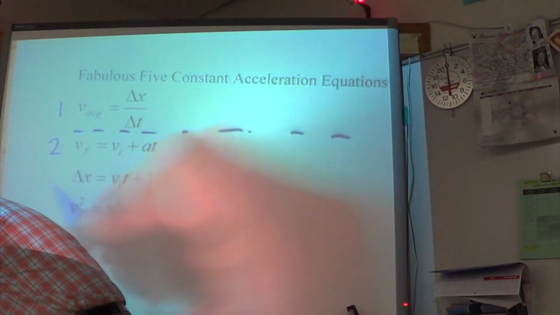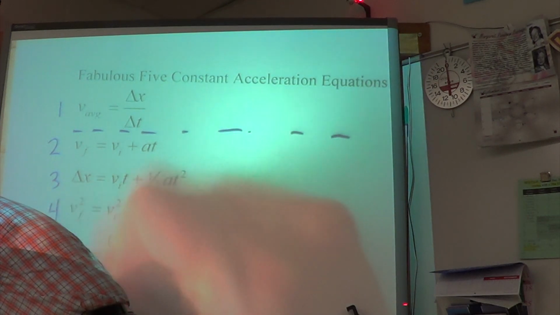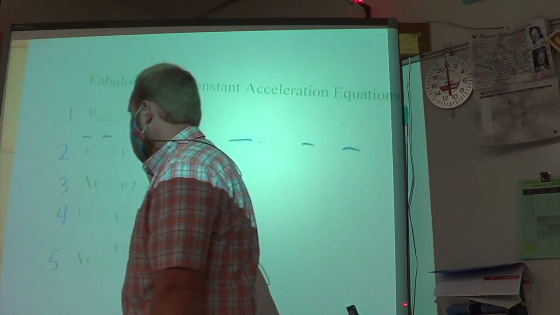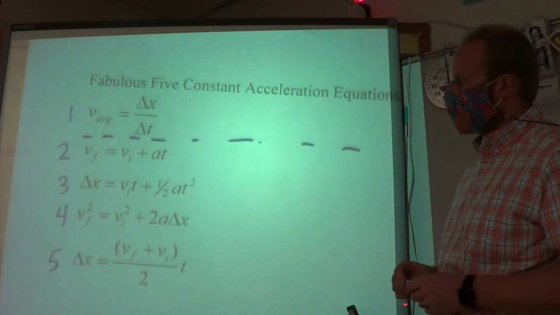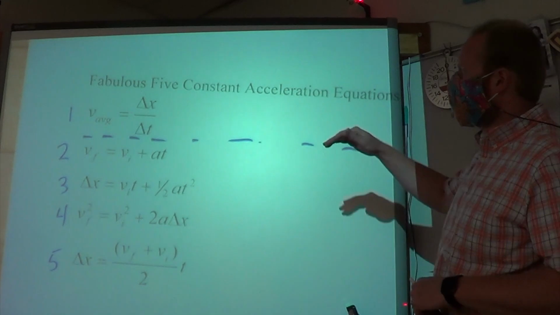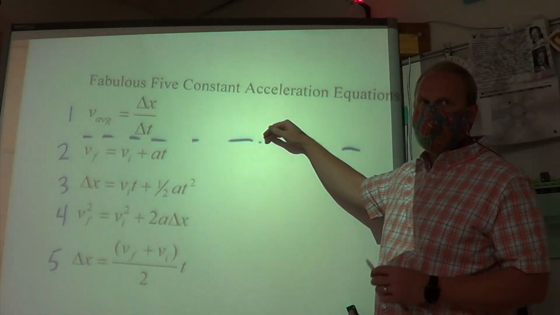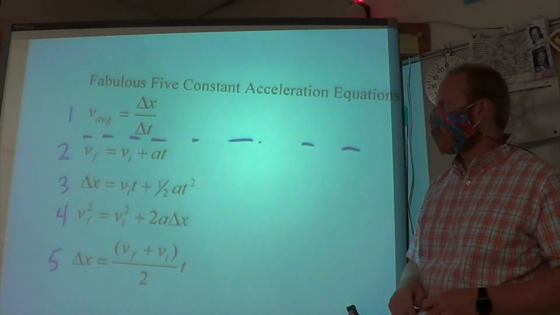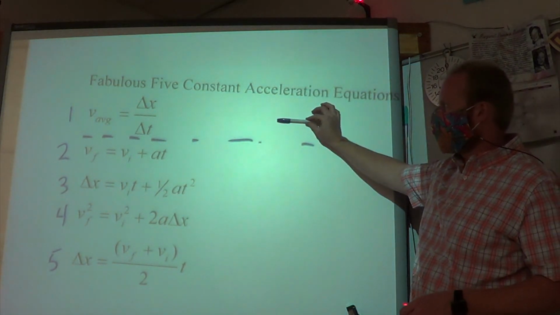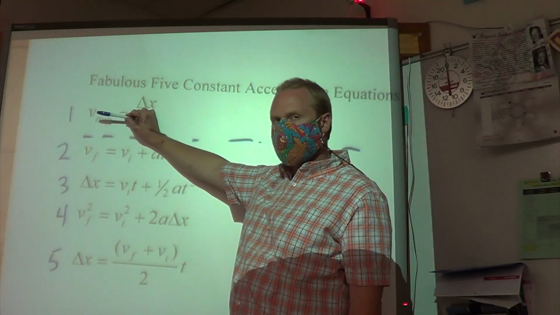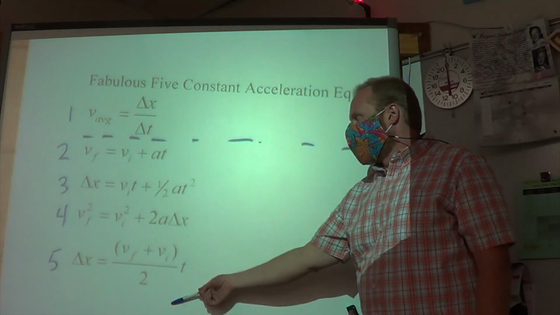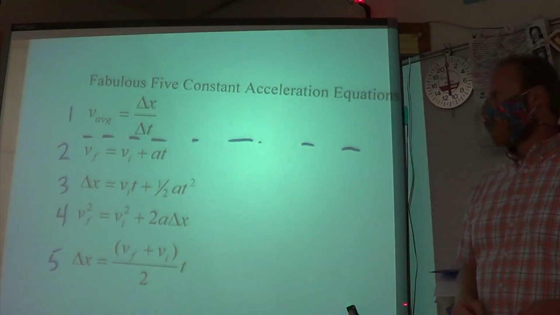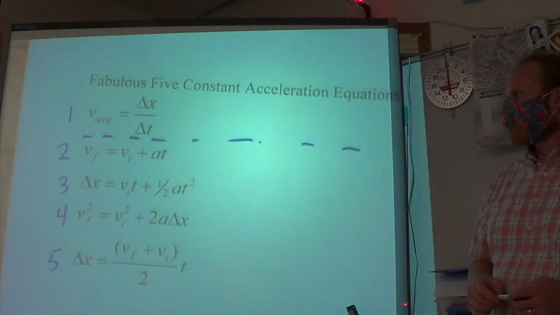This is equation number 1, this is equation number 2, this is equation 3, 4, and equation number 5. Those are the equations that we have. Equation number 1 is for average speed, average velocity, and only average speed or average velocity. We don't use equation number 1 unless they very specifically give us this or ask for this. The majority of the time, we're going to use equations 2, 3, 4, and 5.